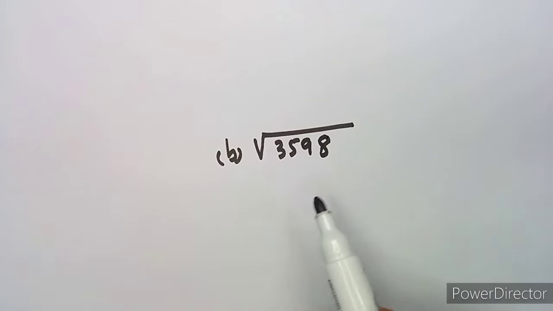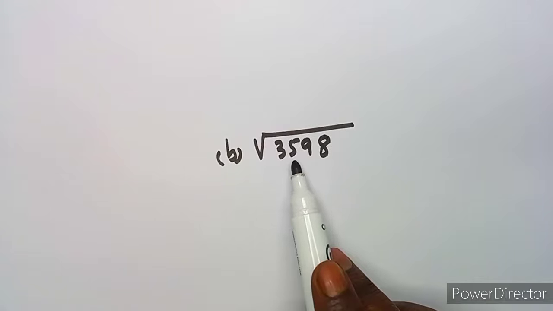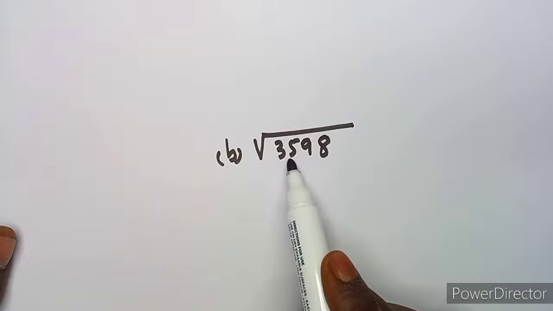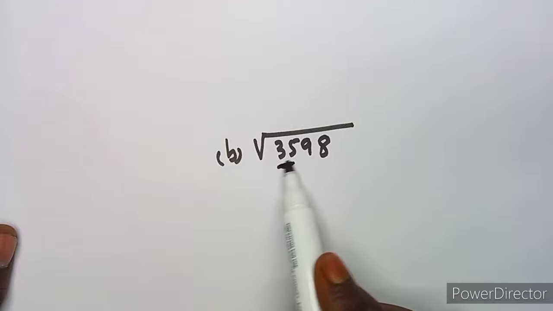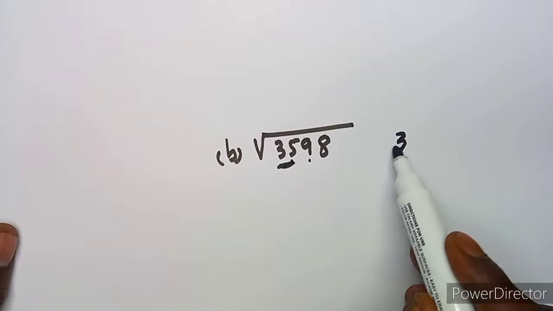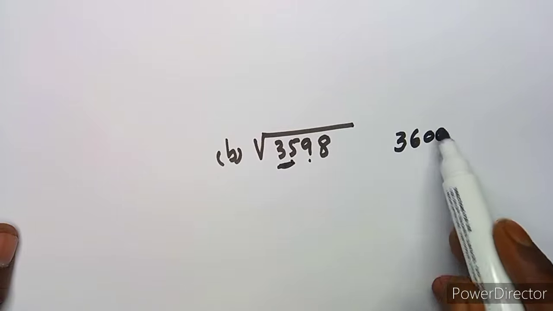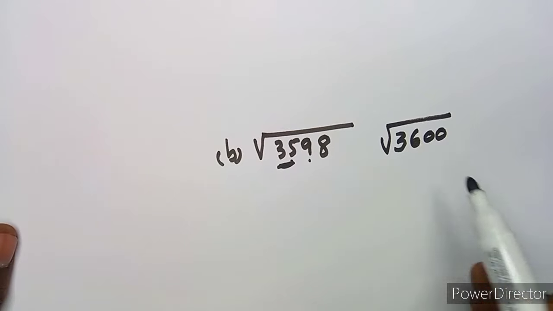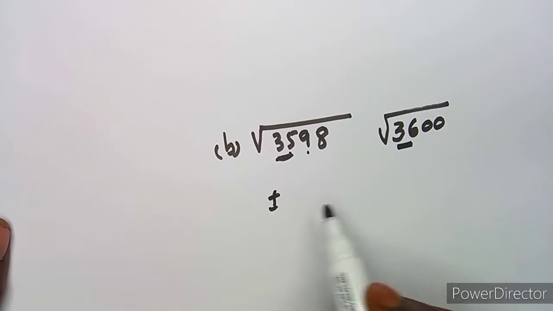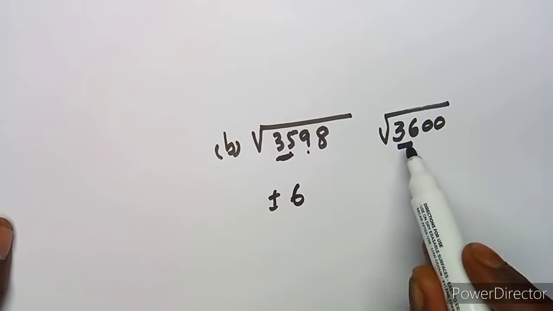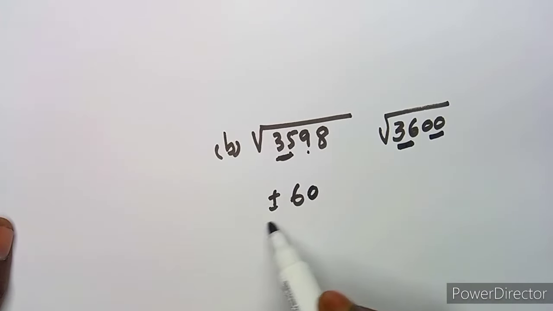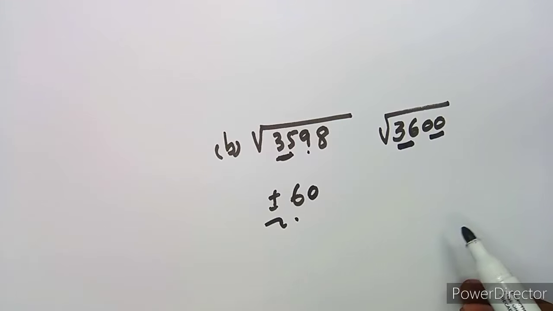We have to look for a number that we can round off to, and in this case rounding off gives us 3,600, of which we can obtain the square root. Square root of 36 is 6, square root of 100 is 10. So it's going to give us plus or minus 6.